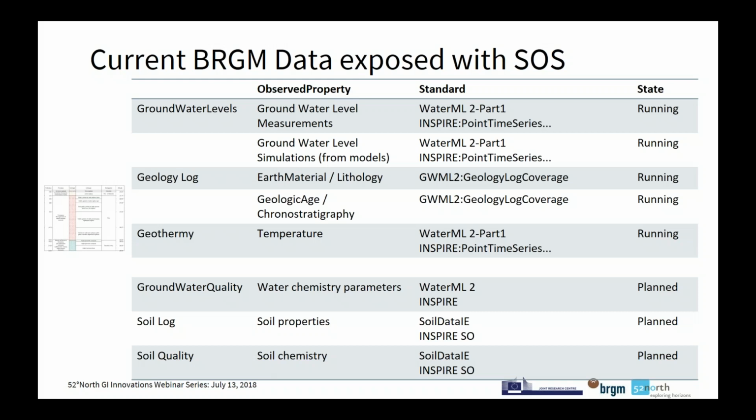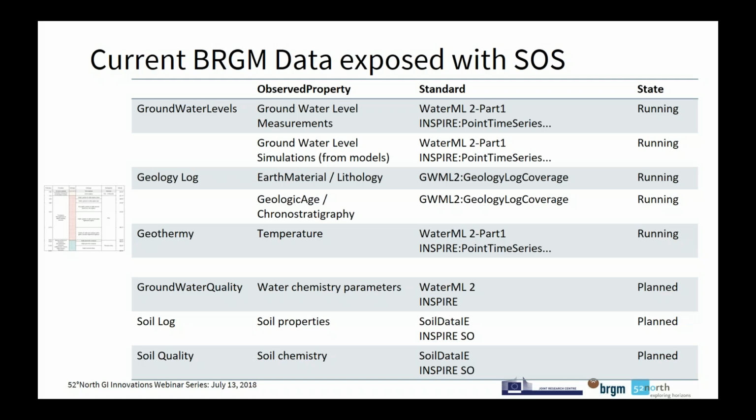We have running instances that provide groundwater level measurements based on WaterML2 part 1, so for time series. We also have an extension of it that is able to handle data we get from models for the groundwater level, also based on WaterML2 part 1.